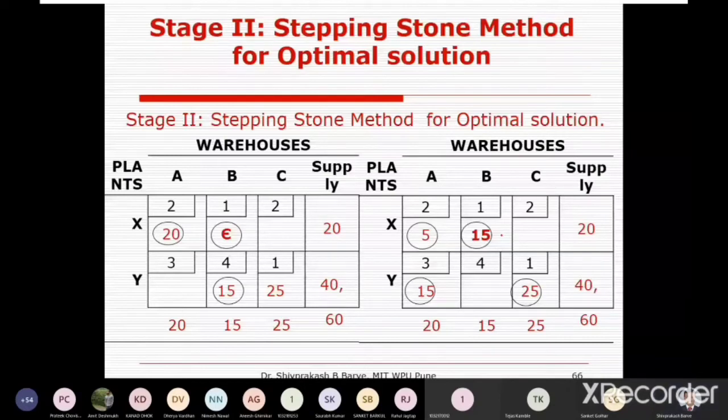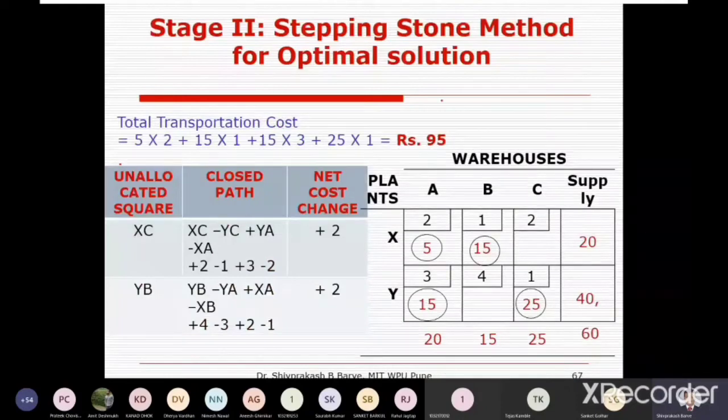So here the allocations are 4. So it is having m plus n minus 1 equal to 4, and I got 4 allocations. Now calculate the transportation cost for these new allocations, and I got the transportation cost is 95.